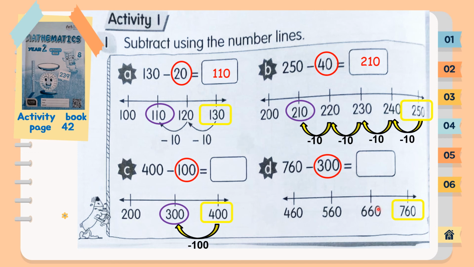How many times? 3 times. 1, 2, 3. So, 760 minus 100 equals 660. 660 minus 100 equals 560. 560 minus 100 equals, okay, you got the answer. You write it down in the box.